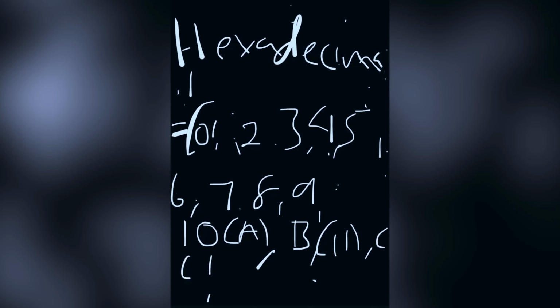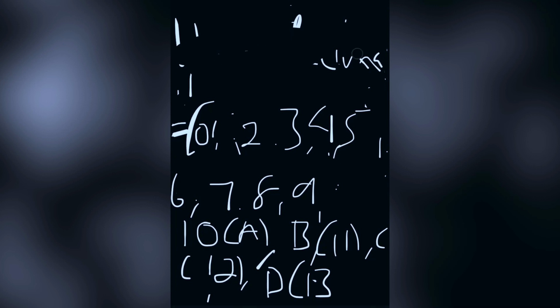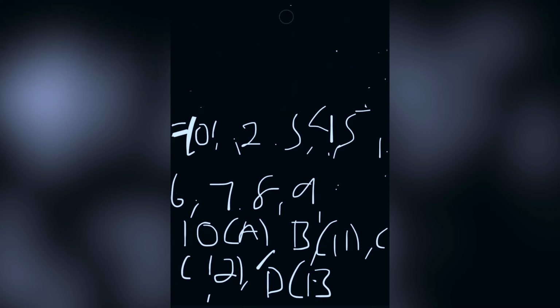So A represents 10, B represents 11, C represents 12, D represents 13, E represents 14, and F represents 15.